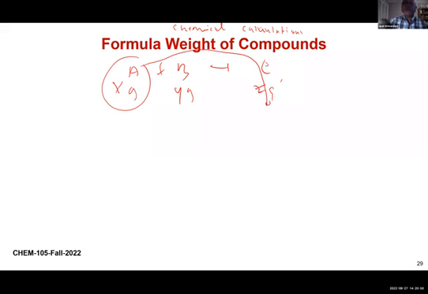That's a chemical calculation using a chemical reaction.